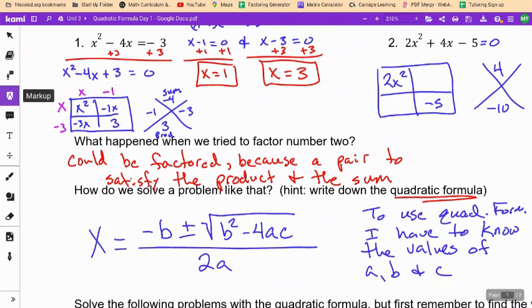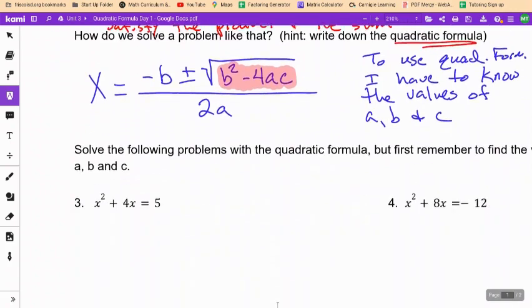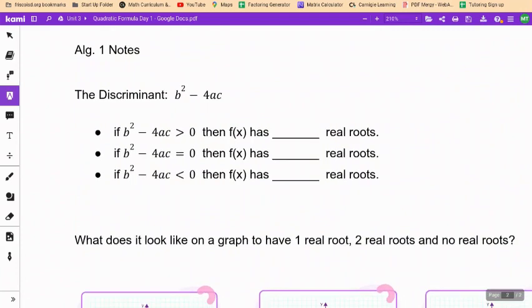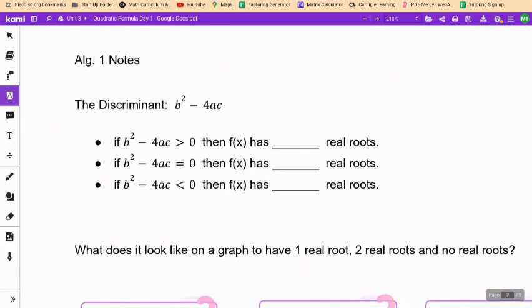Okay, so before we start solving this, I want to talk about what is underneath the square root, b squared minus 4ac. So that portion of our quadratic formula is what we call the discriminant in math. So if we scroll down and go to the back side of this, that's the discriminant. So the discriminant, again, is b squared minus 4ac. This is just the number underneath the square root, okay?